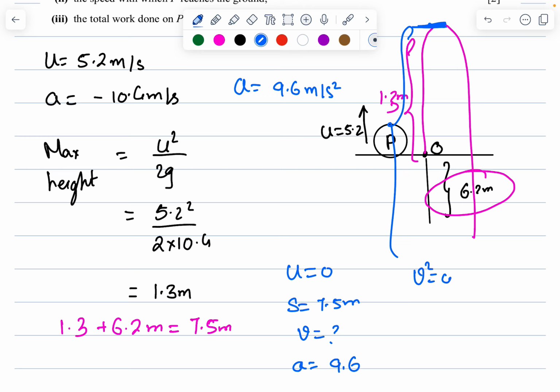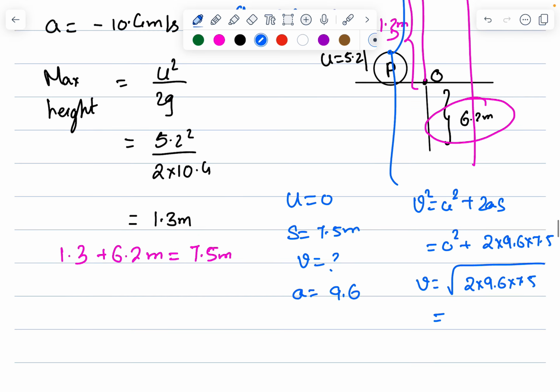So V squared equals U squared plus 2AS, which is 0 squared plus 2 times 9.6 times 7.5. So V will be the square root of 2 times 9.6 times 7.5. If I do it by calculator, it is going to be 12 meters per second.